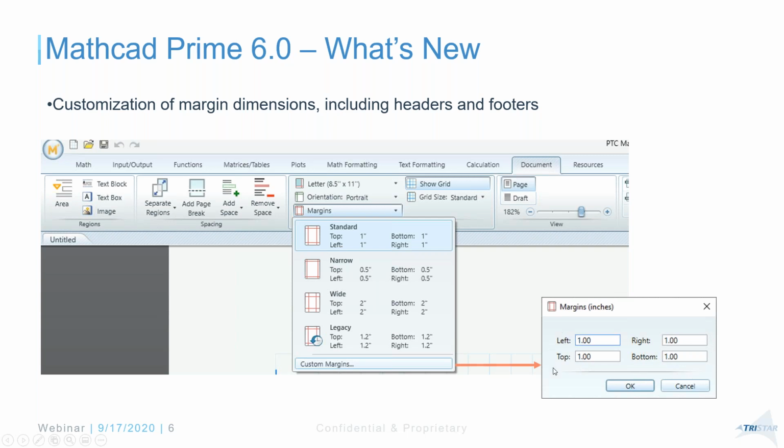They've also conveniently added this legacy option. If you are still using Mathcad 15, maybe even Mathcad 14, and you're importing or migrating some of those documents into Mathcad Prime, there is that legacy option that you have the ability to utilize as well.